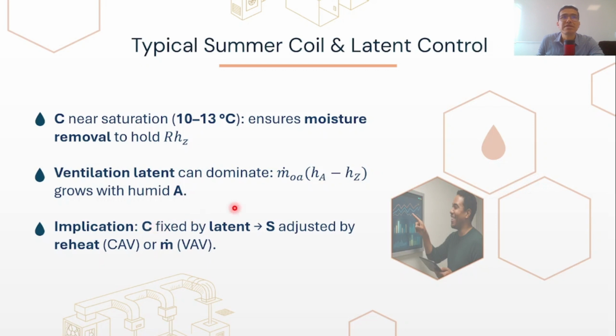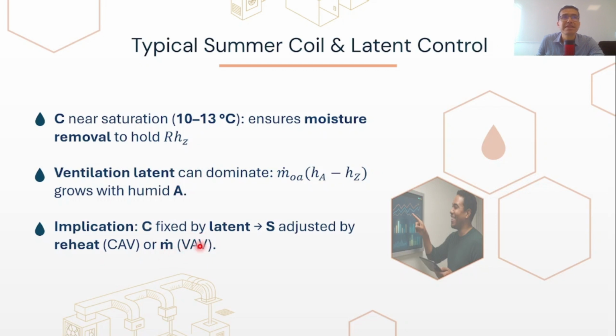And then we need the reheat to adjust the state at S, so it's appropriate for our zone. This is a CAV system, no? We use the reheat. In the VAV, we do this by changing the mass flow. So we reduce the mass flow so that S can be approximately C, and then the reheat is avoided until the minimum flow limit.